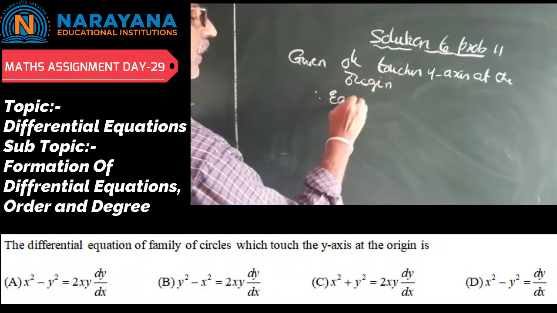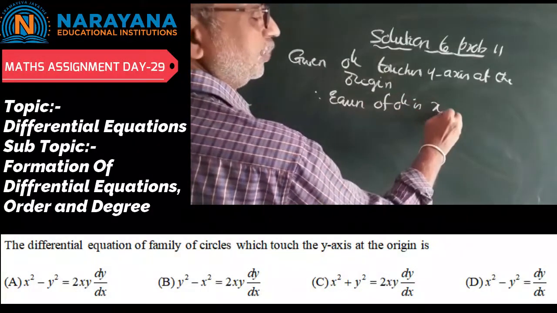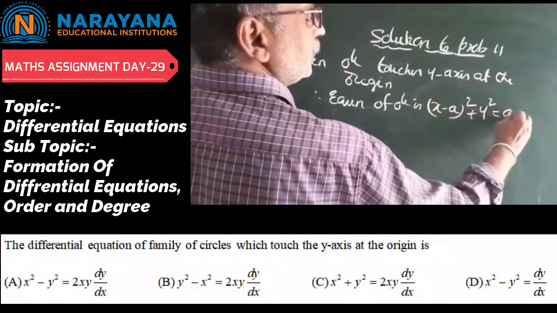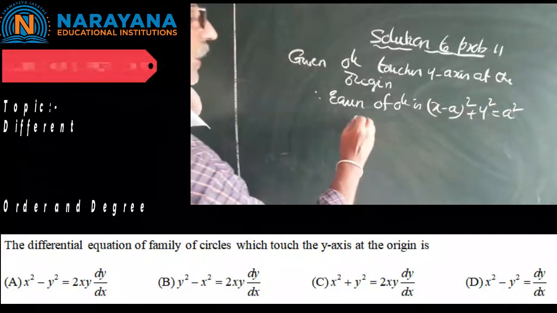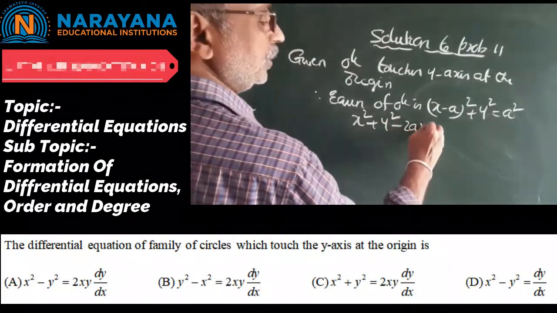Therefore, equation of circle is x minus a whole square plus y square equal to a square, because a comma 0 will be the center. So x square plus y square minus 2ax equal to 0.